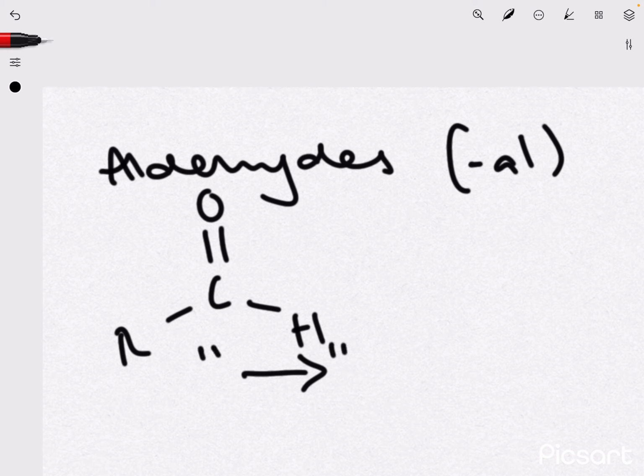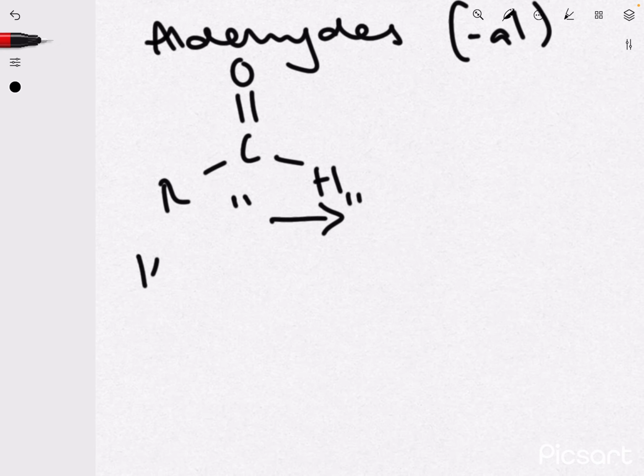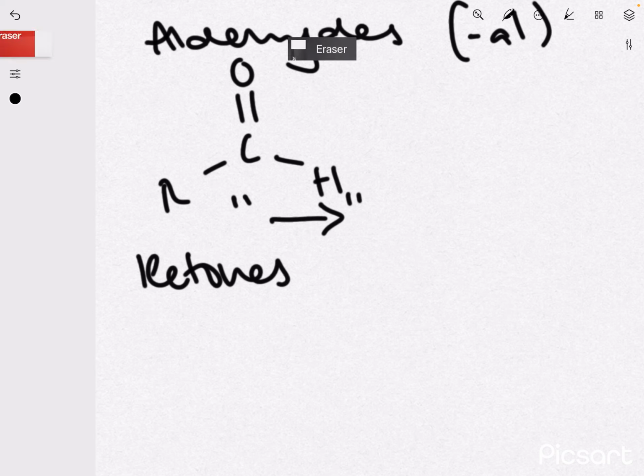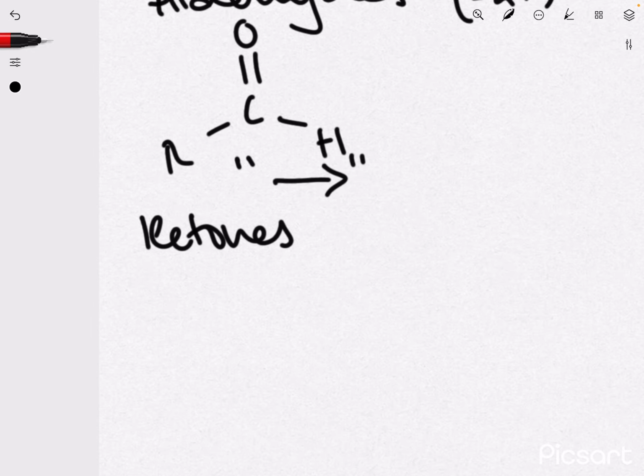Next up, we have our ketones, which are actually quite similar to our aldehydes, except that instead of hydrogen, we have another carbon-containing group. And these will often be found more in the middle of your chains.